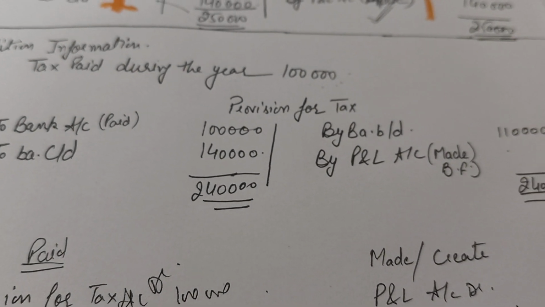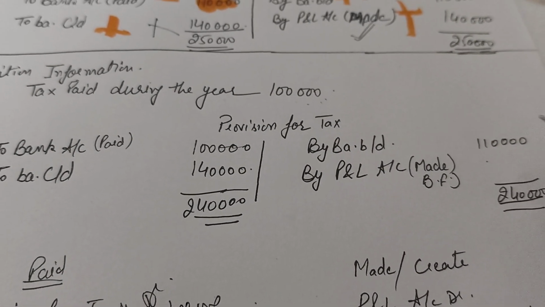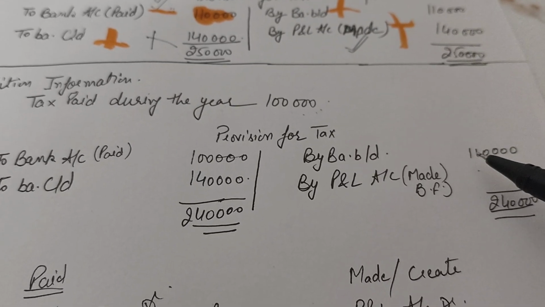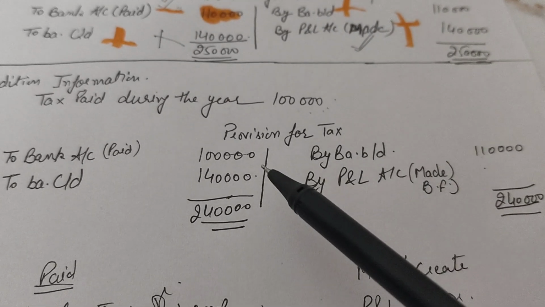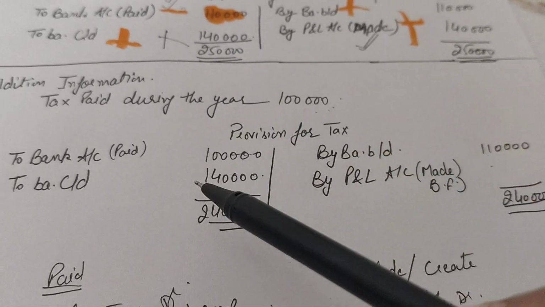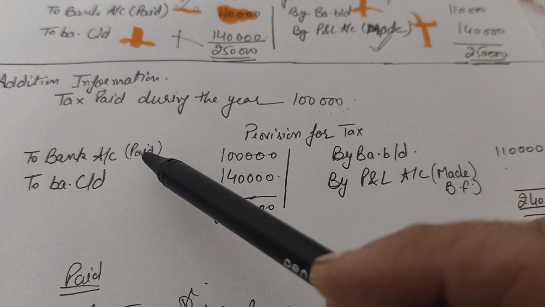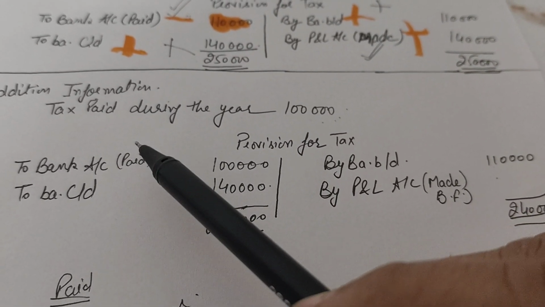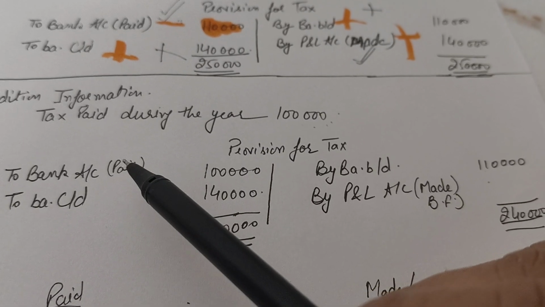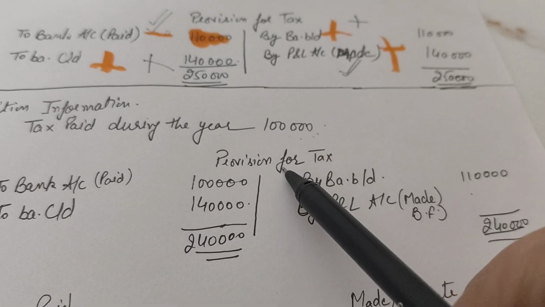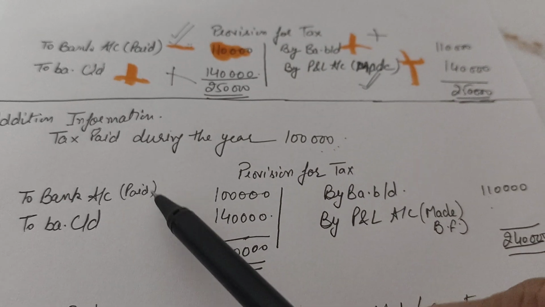Now coming along to the provision for taxation account, what was the brought down balance? This was the same as in the last point. 1,10,000 was the brought down balance, 1,40,000 was the carried down balance. But in this particular case, I was provided with the tax paid. Paid means to bank, money is going out, so it will appear on which side of your account? On the debit side. Provision for tax account debit to bank account.